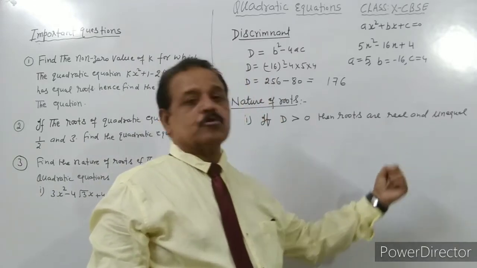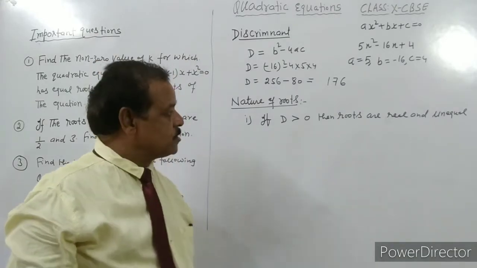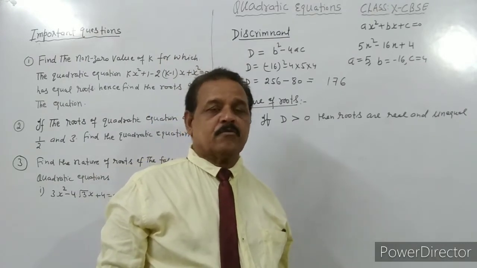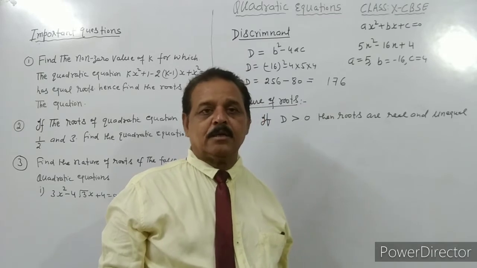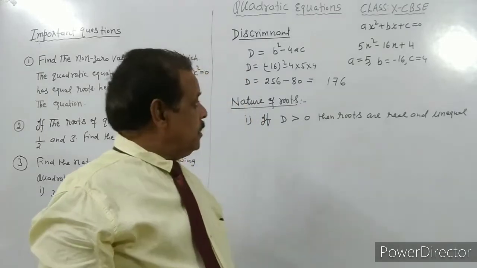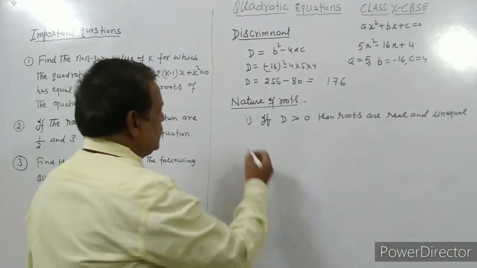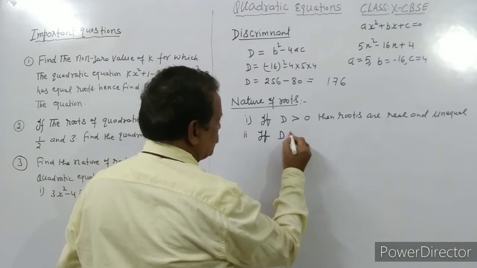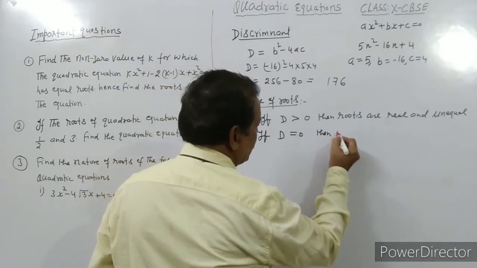We can find these roots by one of the methods, which is the factorization method, or by the quadratic formula method, or by the completing square method.